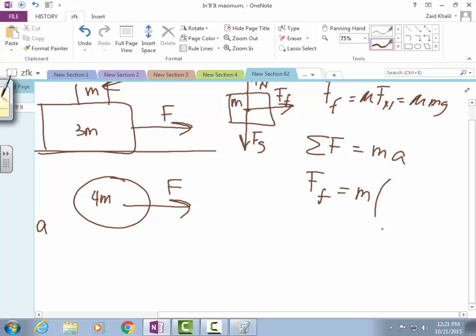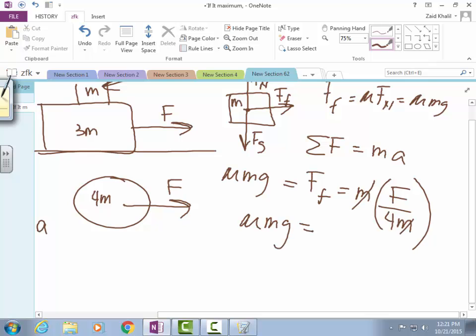That's right. So this is F over 4m. But what's Ff equal to? Mu mg. So what do you end up with? The m's cancel. You have mu mg equals F over 4, which means that mu is equal to F over 4mg.